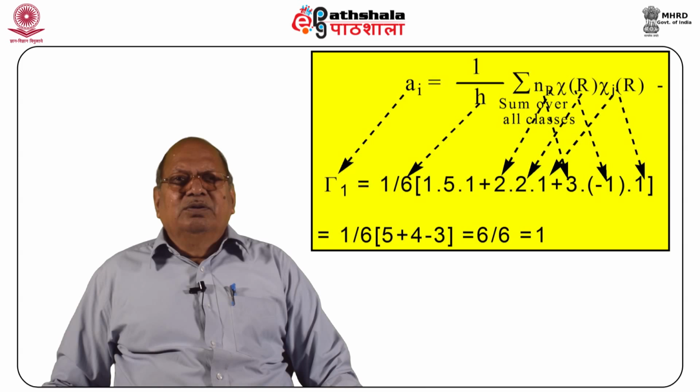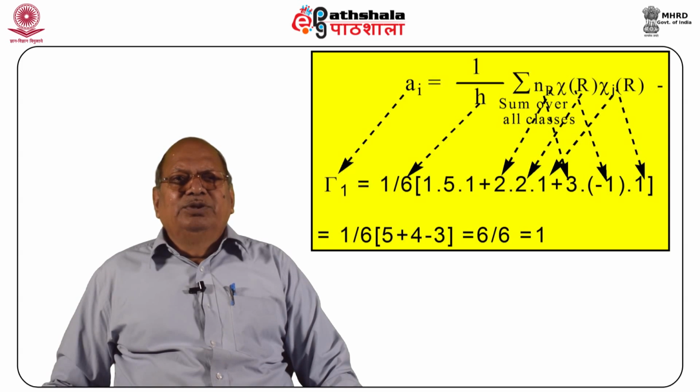NR gives the number of operations in the class. It is here 1, then chi R is the character of the reducible representation for the particular operation. Here in the first it is 5. So like this, 1 into 5 into 1 plus 2 into 2 into 1 plus 3 into minus 1 into 1.